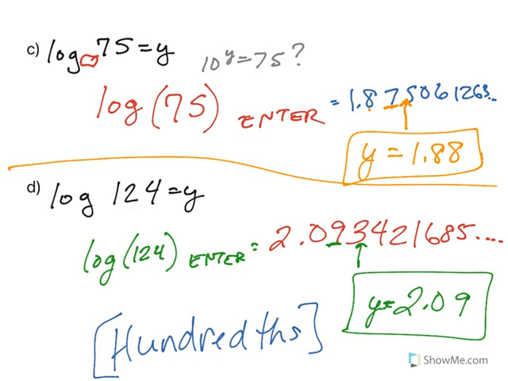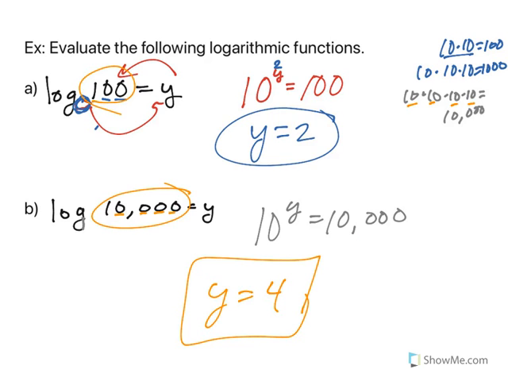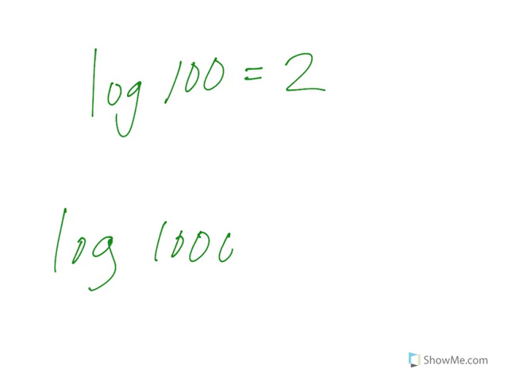Before we sign off, I want you to think through this, because a lot of times we are so focused on typing things into our calculator and accepting the answer. Remember the idea of the tens. We know that the log of 100 equals 2, and the log of 1,000 equals 3. So any log between 100 and 1,000 falls somewhere between 2 and 3.